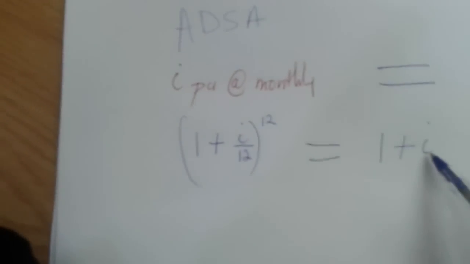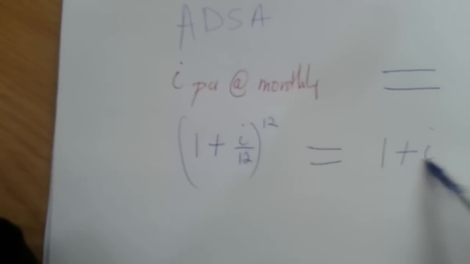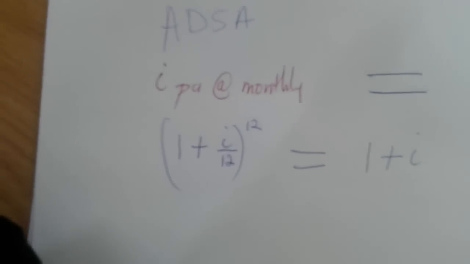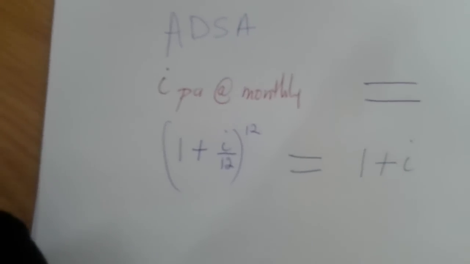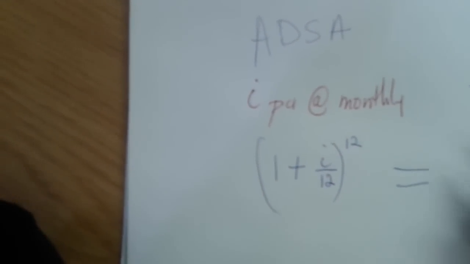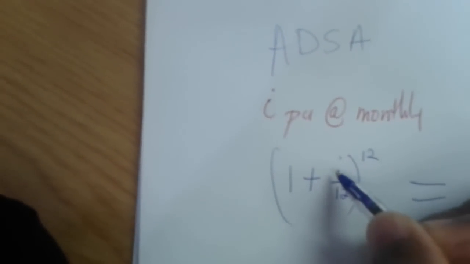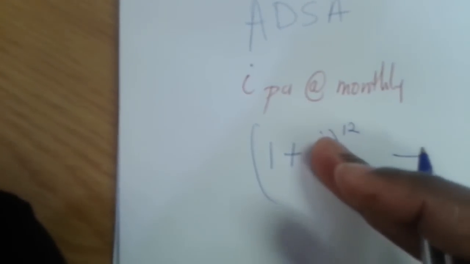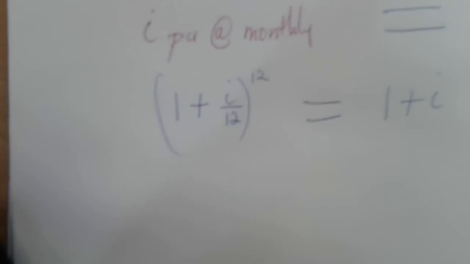So this is the formula for calculating an effective rate. Some books normally change this one to J. It's just the same thing, there is really no big difference.